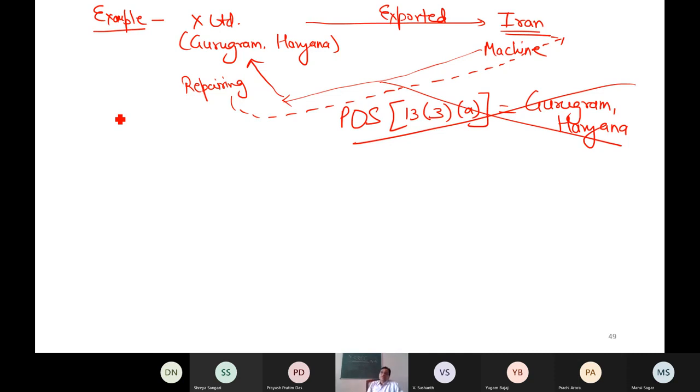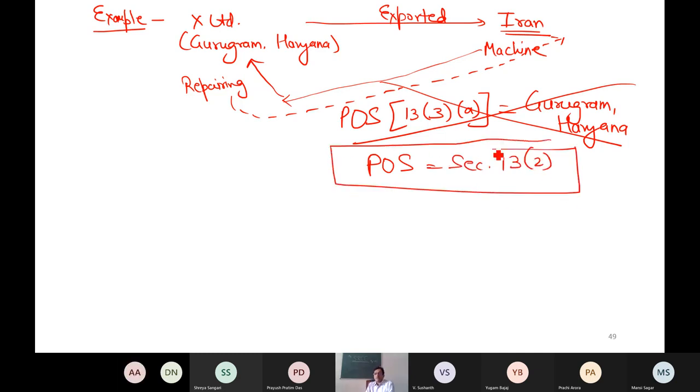In those cases, don't apply the provisions of 13(3)(a), but the Act doesn't say that there is no place of supply. Place of supply will be there, whether in India or outside India, that is another case, but it will be there. So if nothing is mentioned, I will apply as per section 13(2). Now what it says, I will discuss later on. This is my 13(3)(a) 100% clear.